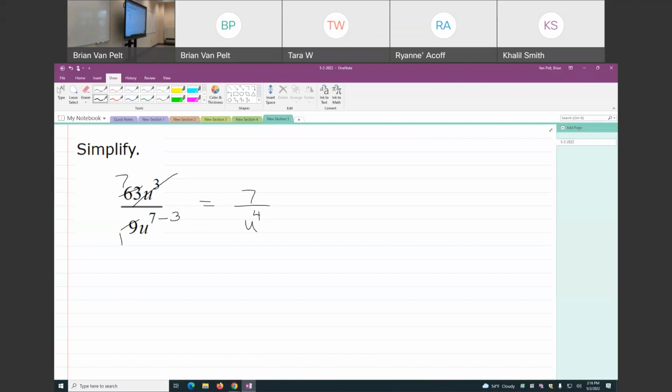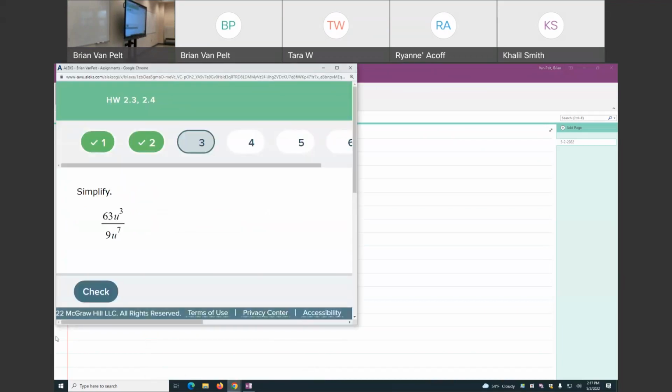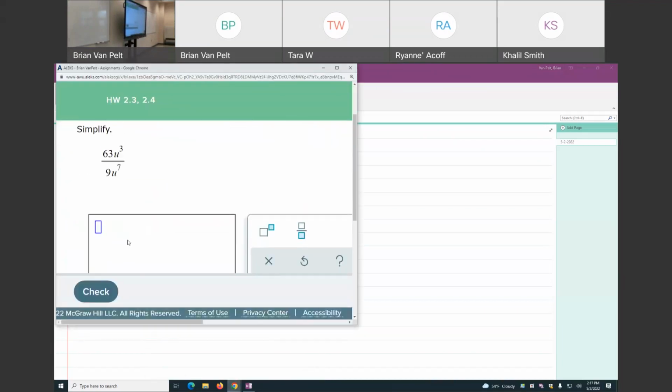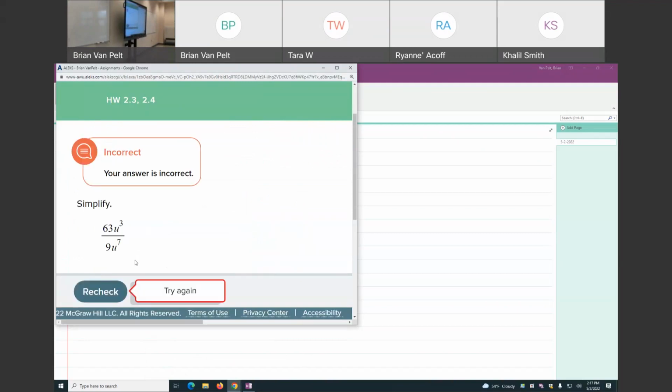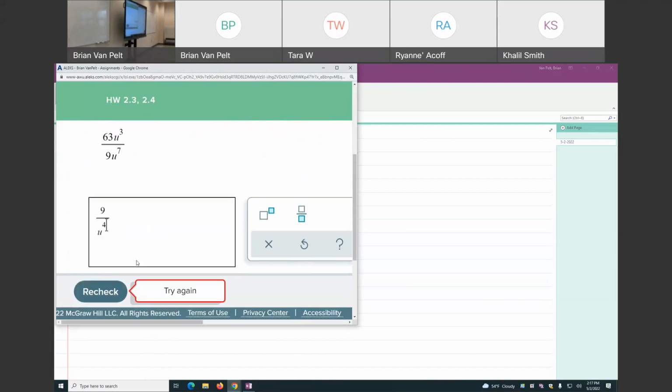Remember, on these homework problems, you can try them over and over to your heart's content. Anytime you get one right, it allows you to try to do it again. What did I do wrong? That's right.